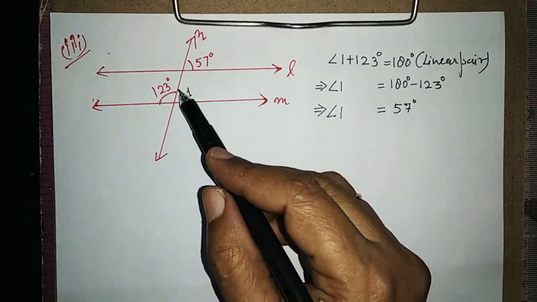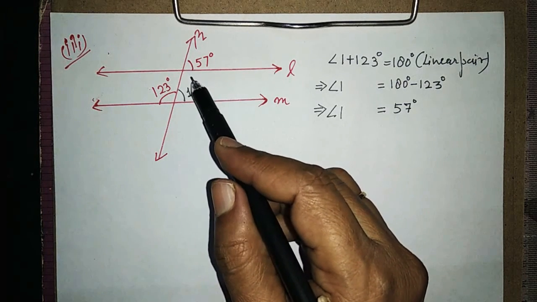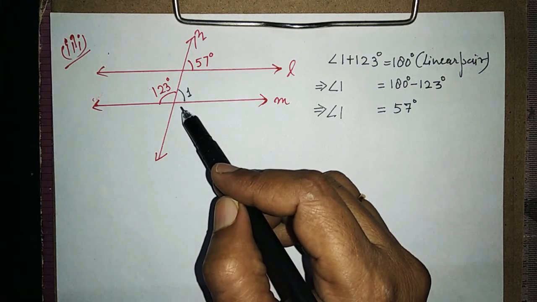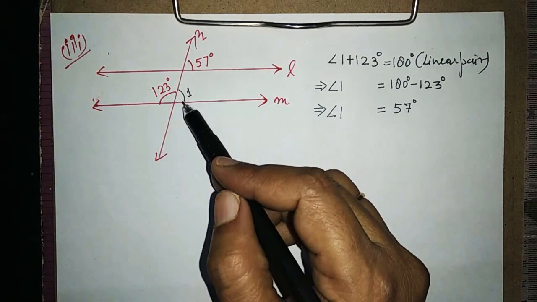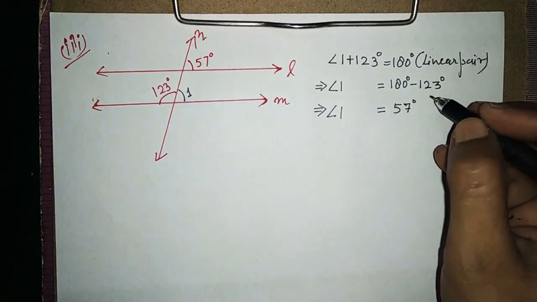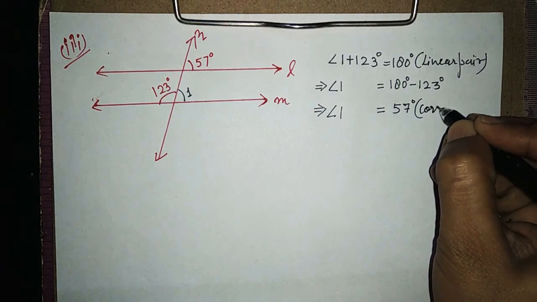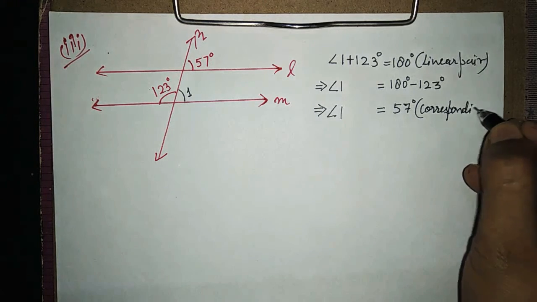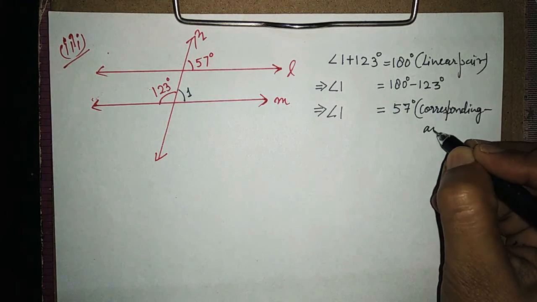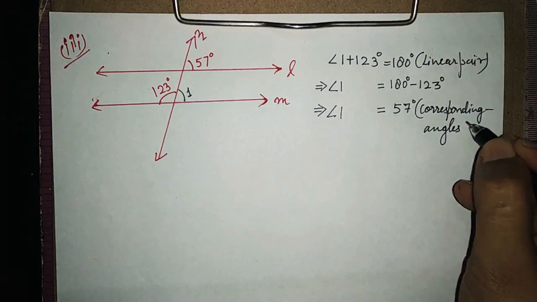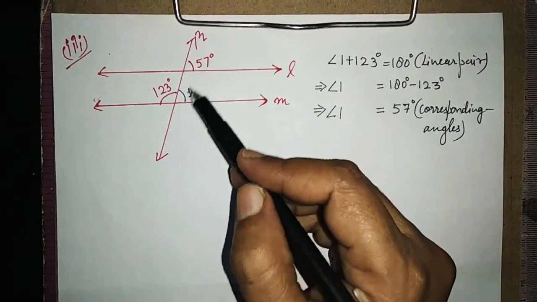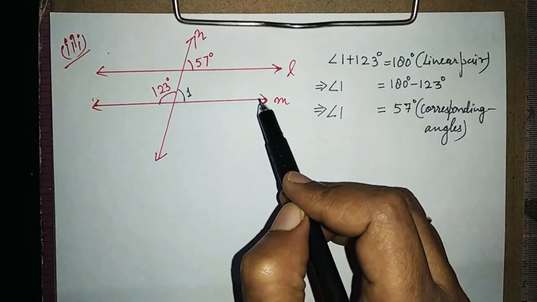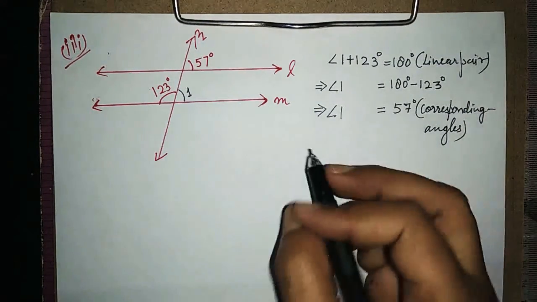Now here you can see angle 1 and 57 degree both are corresponding angles. Okay. These two are a pair of corresponding angles. So here you will write corresponding angles. As they are equal, so you can say line L is parallel to line M.